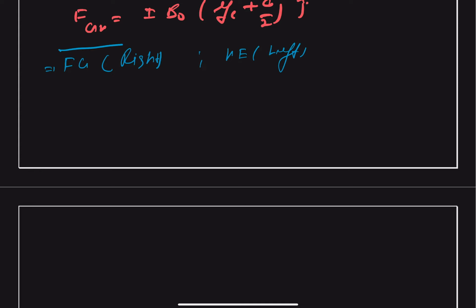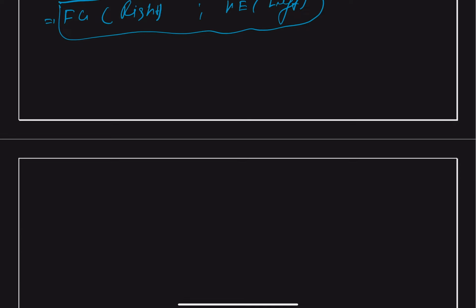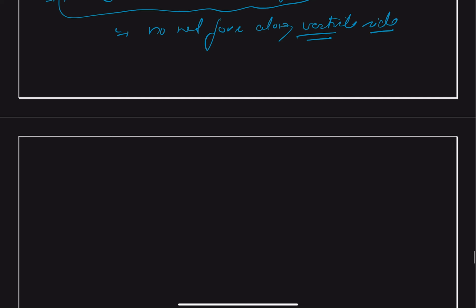So in this case, the force on FG as well as the force on HE are going to cancel each other. We can say there is no net force along the vertical sides. Sorry, not along vertical sides rather. So vertical sides here basically means along the horizontal, along the x-axis.